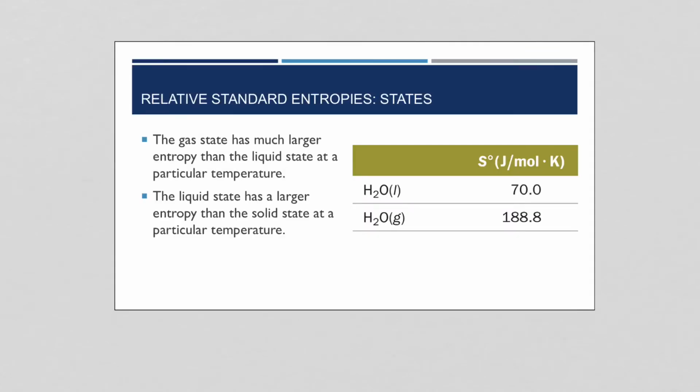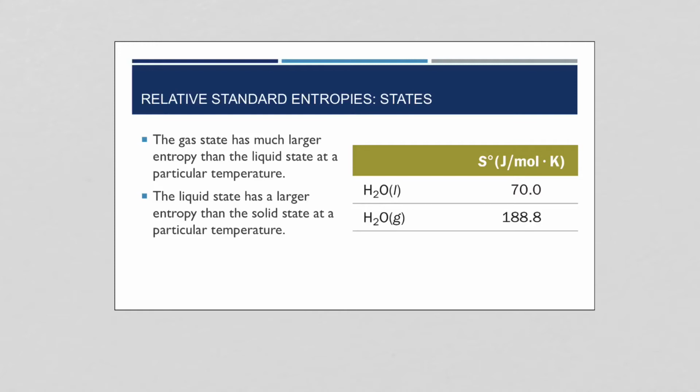So now I want to look at some of these factors that can influence the standard entropy of a material. So the most obvious one is its state of matter, so a solid, a liquid, or a gas. So we looked at earlier, we determined that the gas is going to be the highest entropy state, the solid is going to be the lowest entropy state, and a liquid will be somewhere in between, based on how much freedom of motion those various states have.